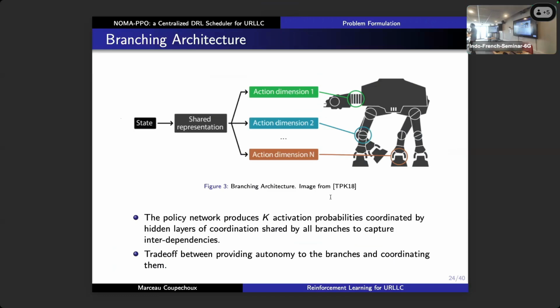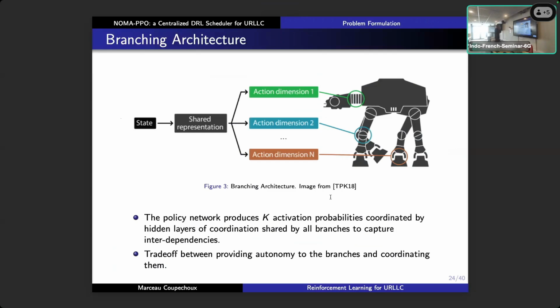Then we add some hidden layers to combine and take into account the interdependency between these branches. So we have an architecture that grows only linearly with the number of users, and we try to take into account the interdependency with shared layers between the branches. So this is the idea.